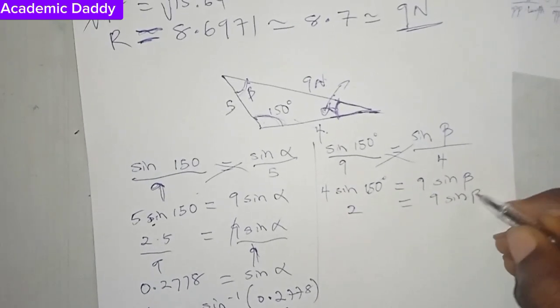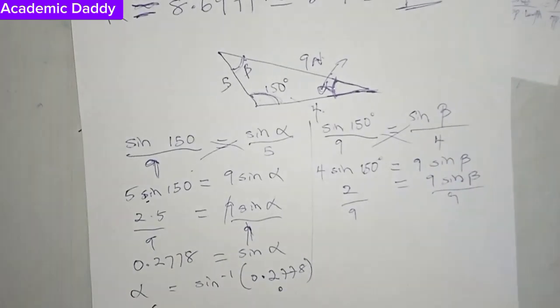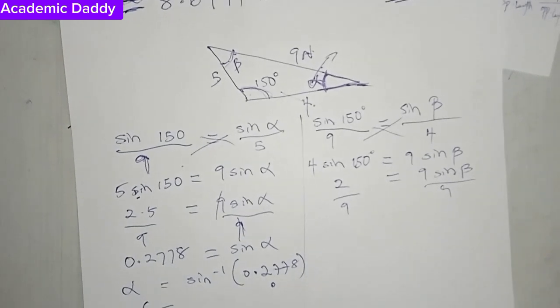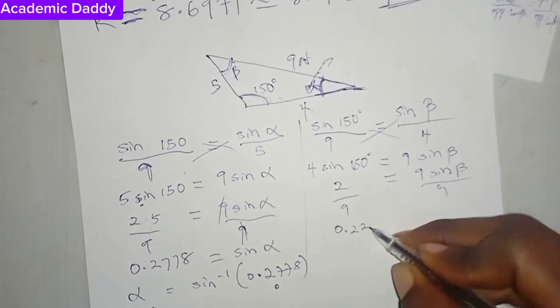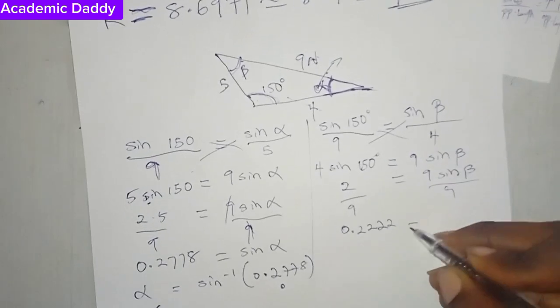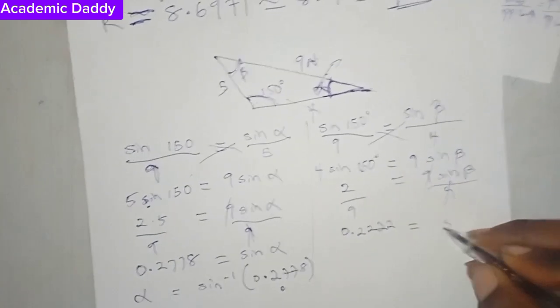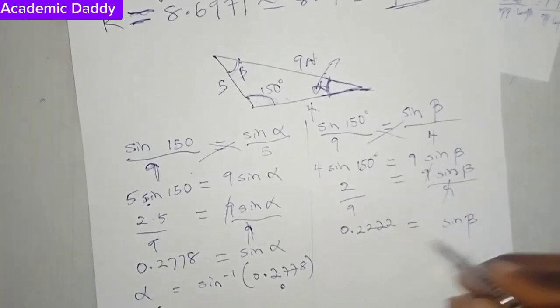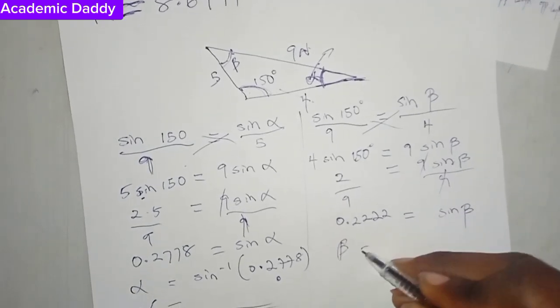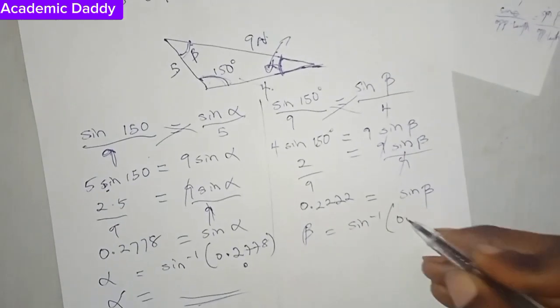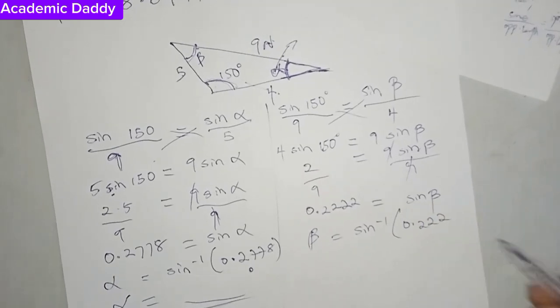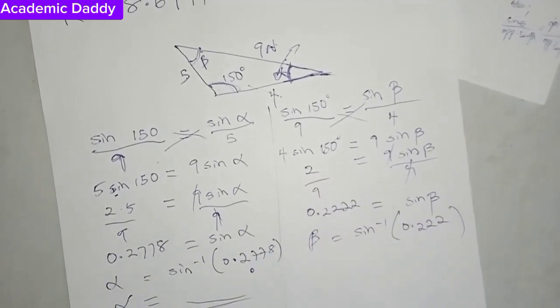So divide both sides by 9. You now see that 2 divided by 9 is 0.2222, equal to sine beta. So beta will simply be equal to sine inverse of 0.2222.